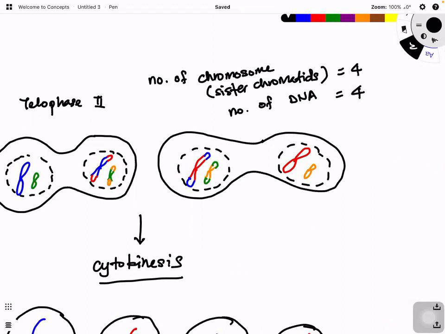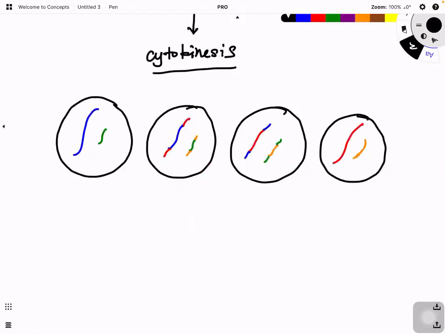But after cytokinesis, can you see that the number of chromatids per cell is now equal to 2? Number of DNA per cell is also equal to 2. So that's how we complete the whole meiosis process.